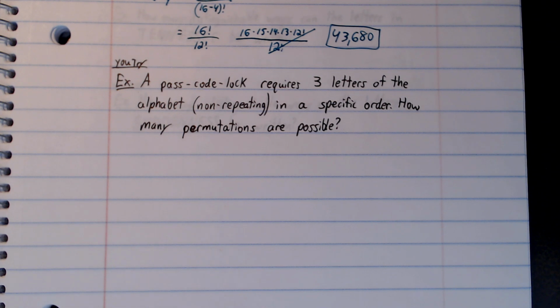All right. So this one says a passcode lock requires 3 letters of the alphabet, non-repeating, in a specific order. How many permutations are possible?